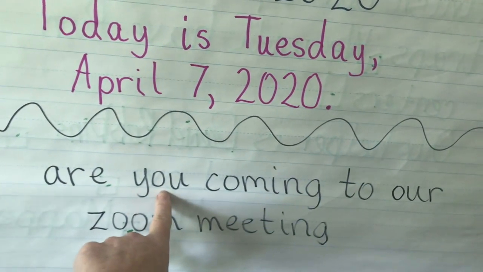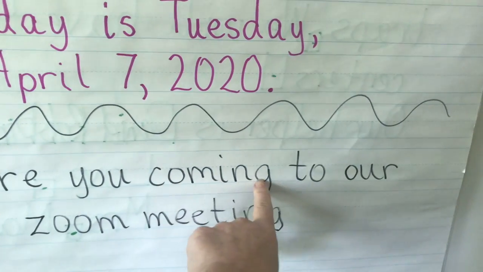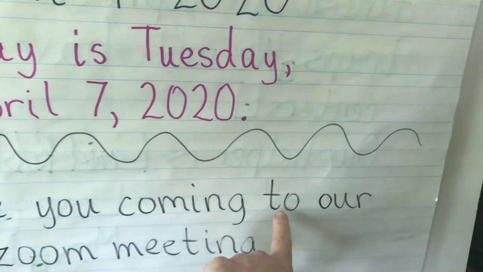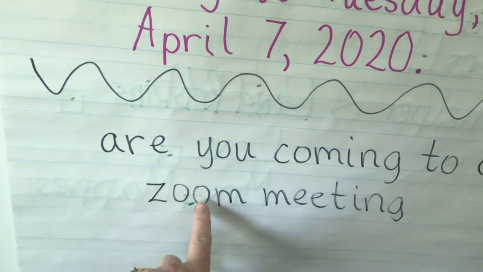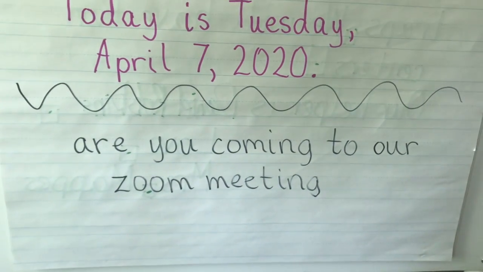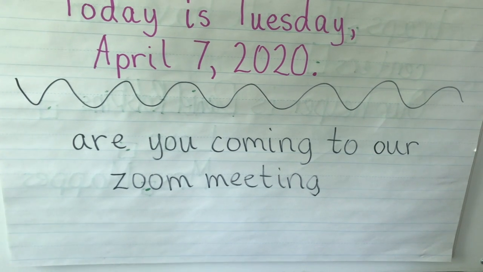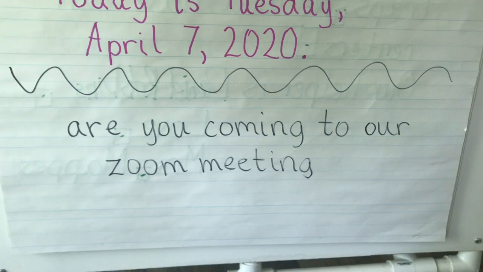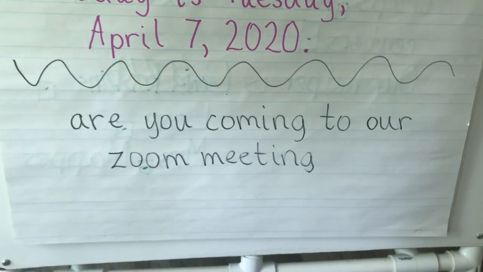Are you coming, because we added the ing onto come, coming to our, there's that double O, Zoom meeting. So go ahead and pause it, and then I will put the correct one up and you can see if you are correct. Go ahead and fix anything that needs to be fixed on it.